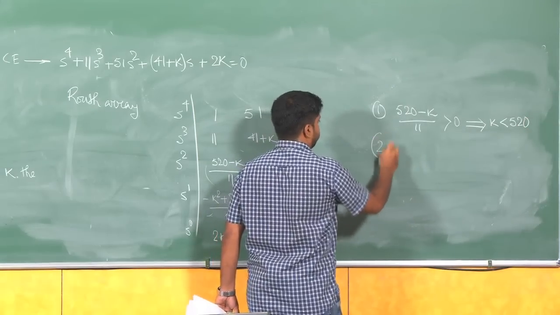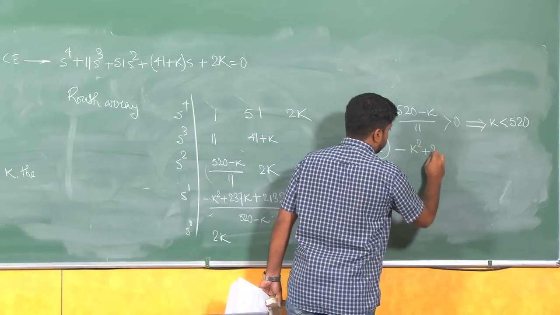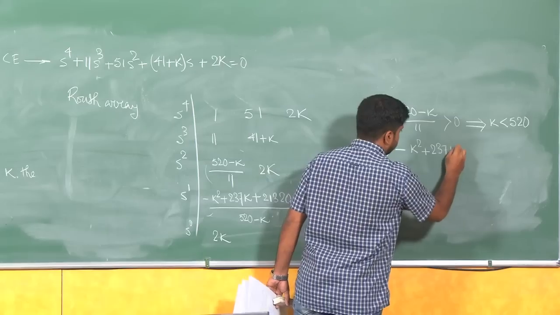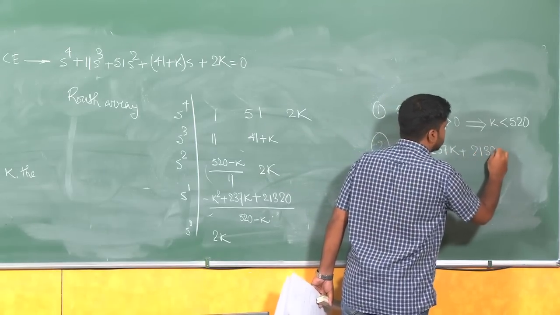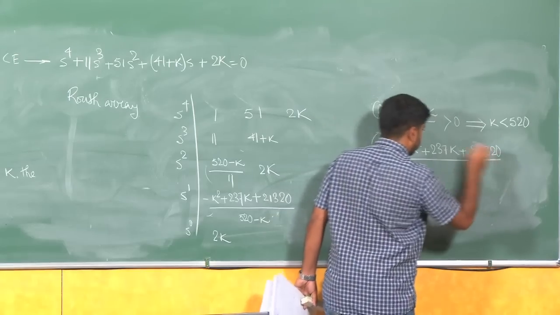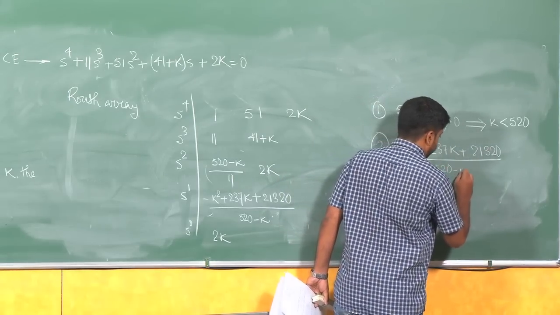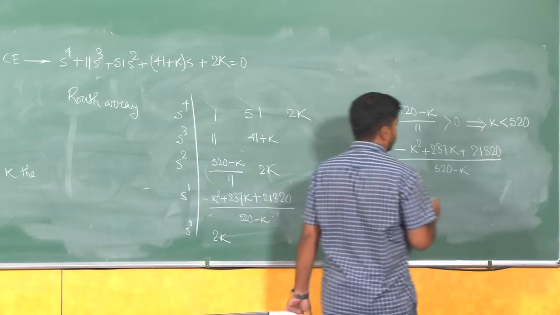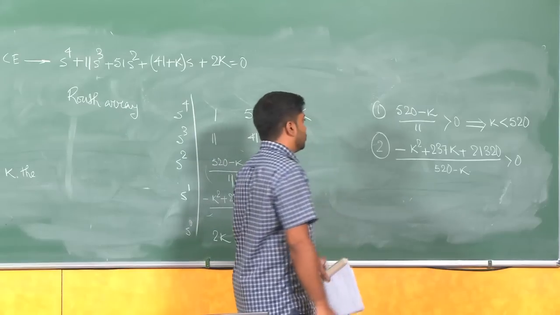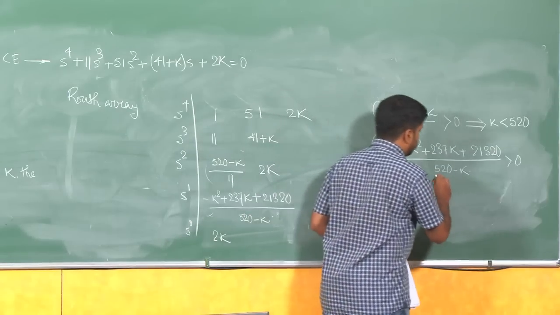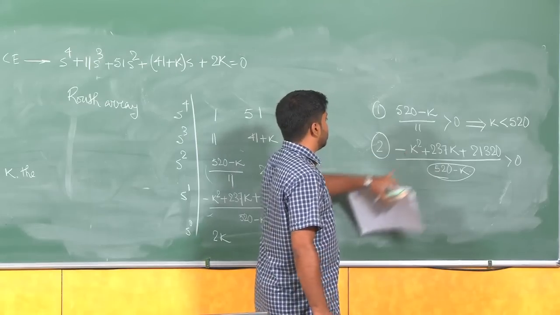The second condition is (minus k square plus 237k plus 21320) by (520 minus k) greater than 0. From condition 1 the denominator is greater than 0, so we have to make the numerator greater than 0.